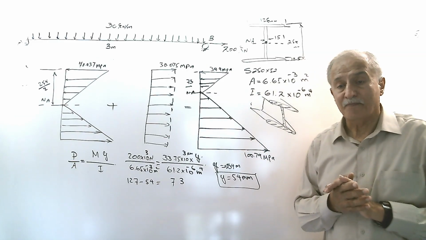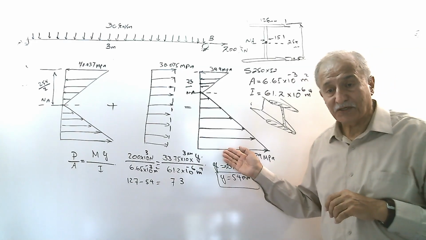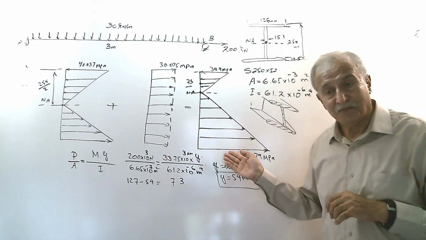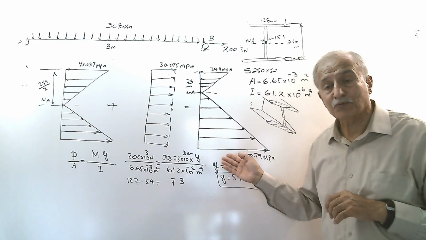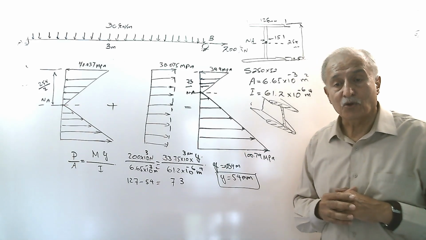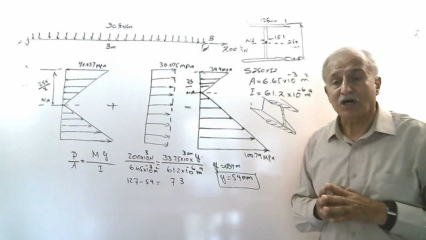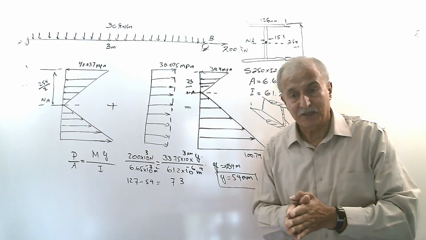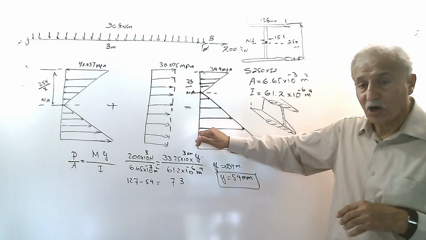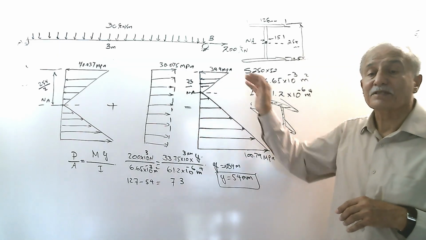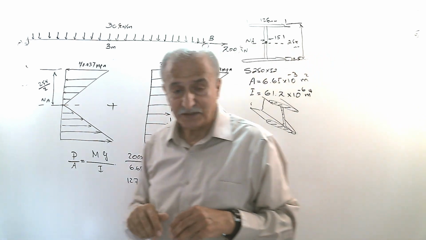You will see the worst case scenario happens in the bottom flange, that is under bending stress plus axial load stress. If this axial load is compressive, it is exactly vice versa. The neutral axis moves down, and the compressive stress is the worst case scenario.